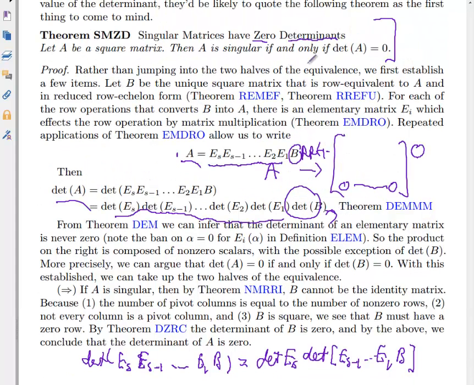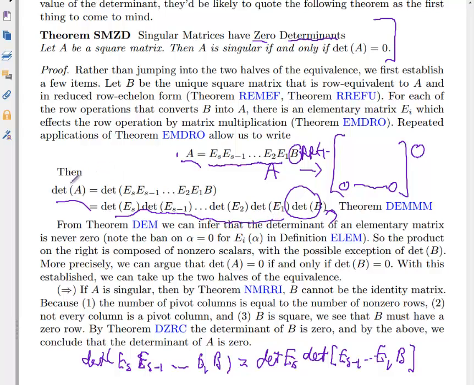Now this, we have an if and only if. On the other hand, we can show that if A is non-singular, then it will reduce to a matrix that doesn't have 0 rows. And if it doesn't have 0 rows, here we have a number that's not 0. All these numbers are not 0.